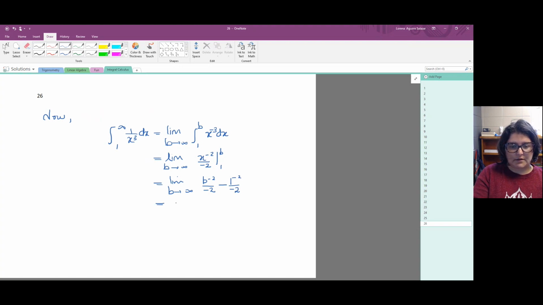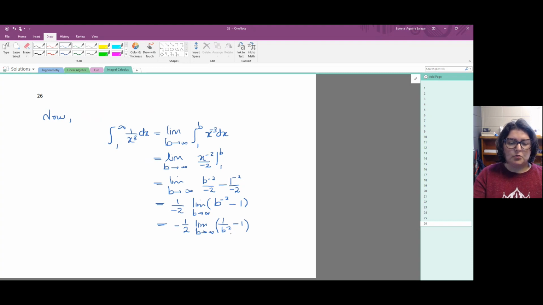We can rewrite this as 1 over negative 2, all that times the limit as b goes to infinity of b to the negative 2 minus, and any power of 1 is 1, minus 1. That is negative 1/2 of the limit as b goes to infinity of 1 over b squared minus 1.